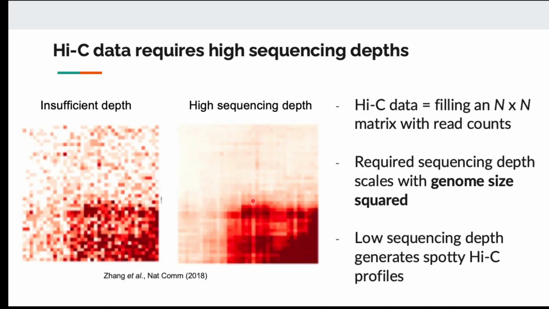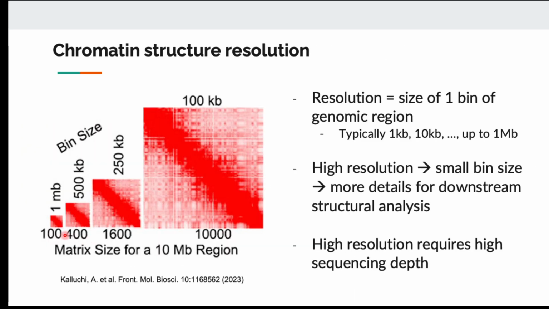If we imagine that to study the chromosome structure, like to study the interaction between two loci, you're filling the data into this n by n matrix. So if your matrix gets larger, you have more and more pixels, you're going to need more read counts to fill in the numbers inside.